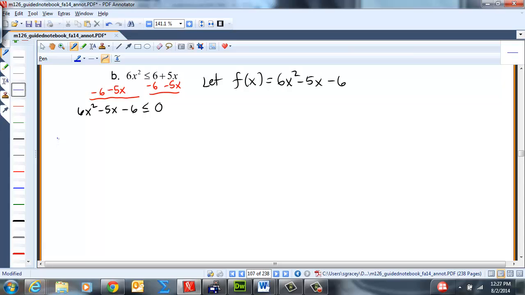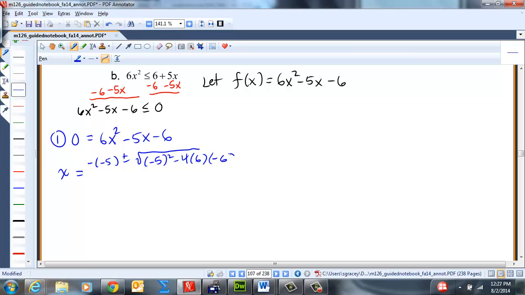So our first step was, find the zeros once we've gotten 0 on one side of the inequality. So 0 is 6x squared minus 5x minus 6. I'm just going to use the quadratic formula on this one. So x is the opposite of b plus or minus the square root of b squared minus 4 times a times c all over 2 times a.